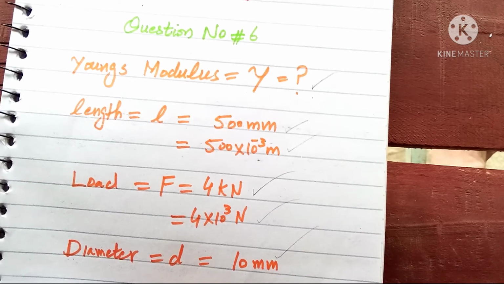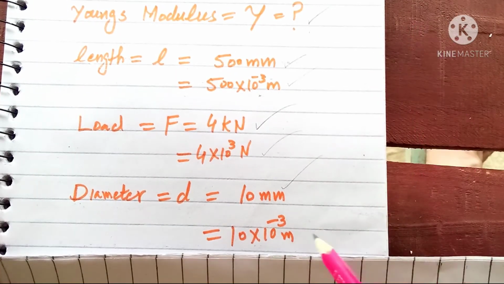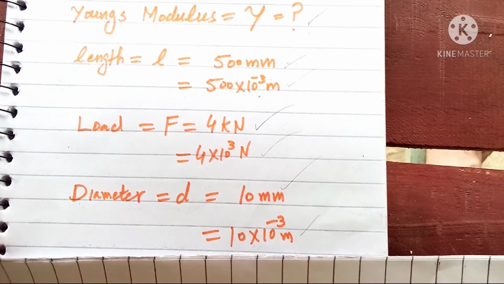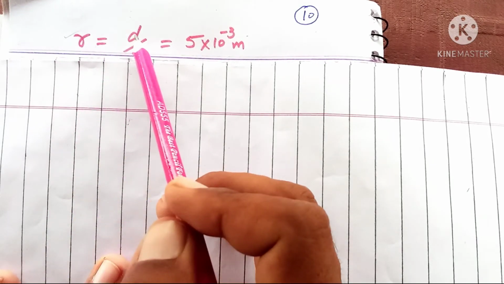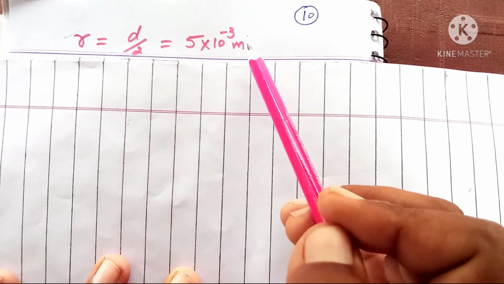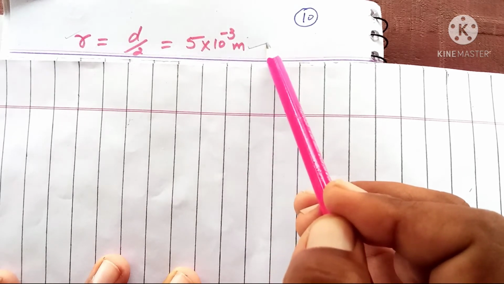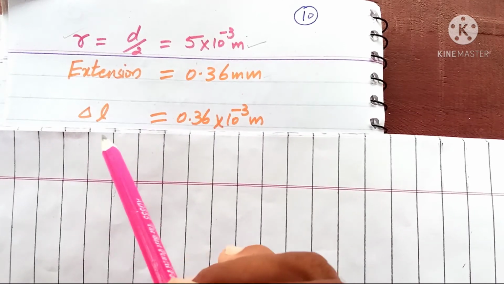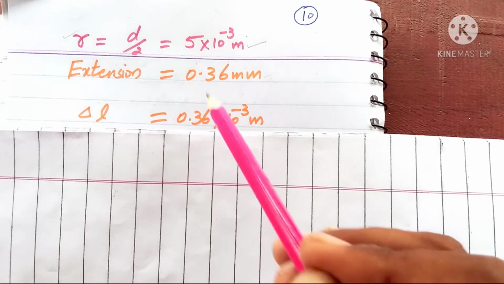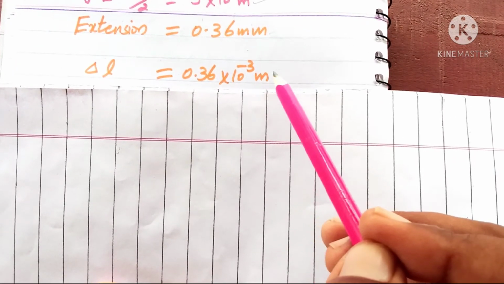We will convert this to 10 times 10 to the power minus 3 meter, as radius is equal to diameter by 2, so radius is 5 times 10 to the power minus 3 meter. We are also given extension, which is represented by del L, 0.36 millimeter, so 0.36 times 10 to the power minus 3 meter.